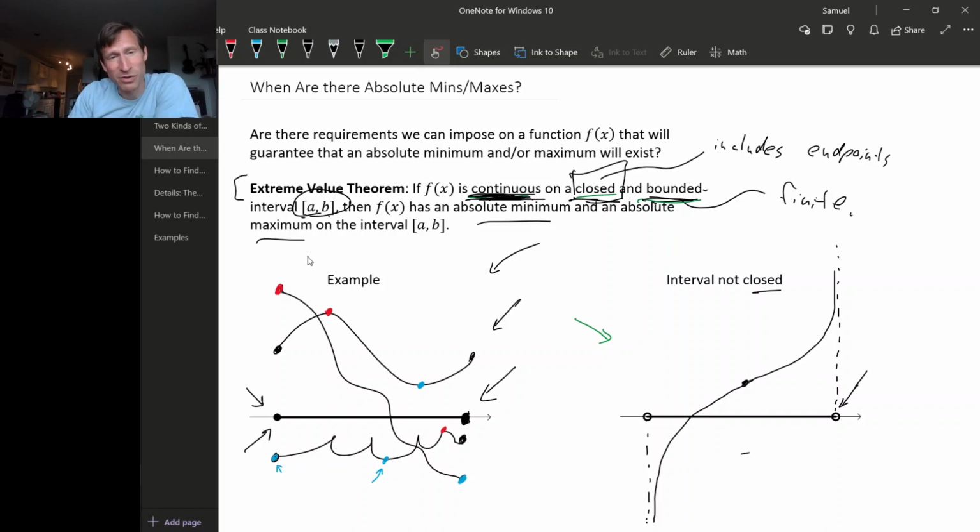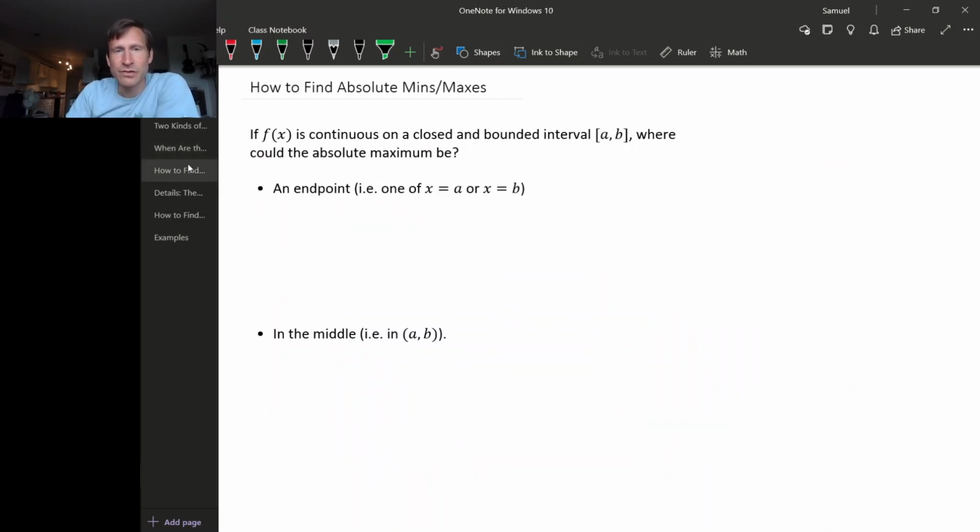It is possible for continuous functions on closed and bounded intervals to have their absolute minimums and maximums at the endpoints. So if we have a continuous function on a closed and bounded interval from a to b, the endpoints will always be a place that we'll have to check for absolute minimums and maximums.